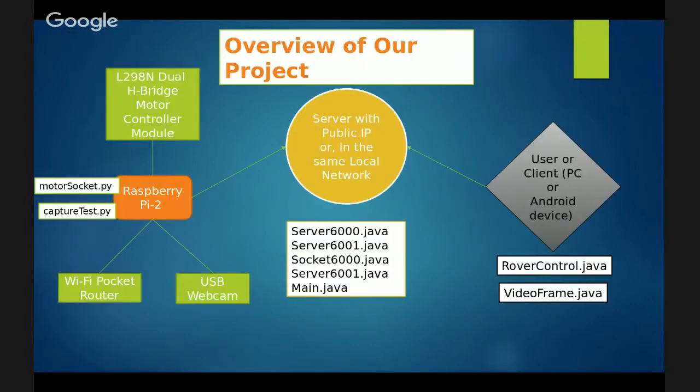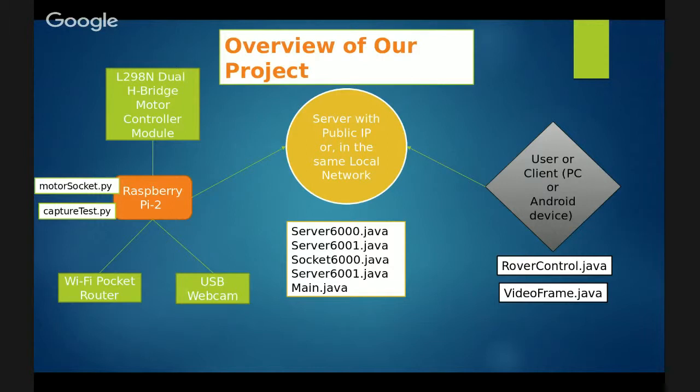So here's a brief overview, an outline of our project. In the middle, you see the server with a public IP, or a server in the same local network. Our Raspberry Pi is connected to the server, and the user or client, a PC or Android device, from which the mini rover will be controlled by giving commands to the platform, is also connected to the server.